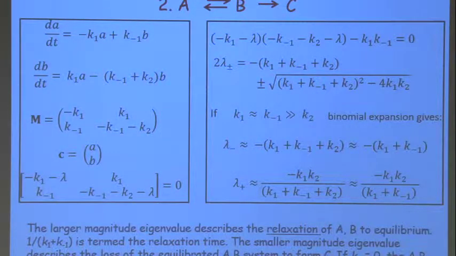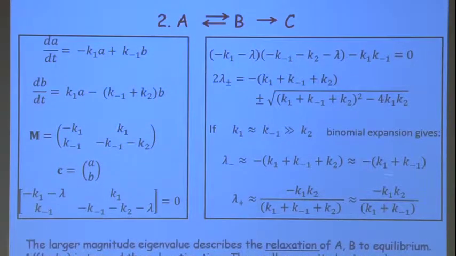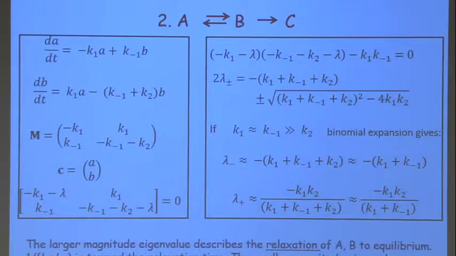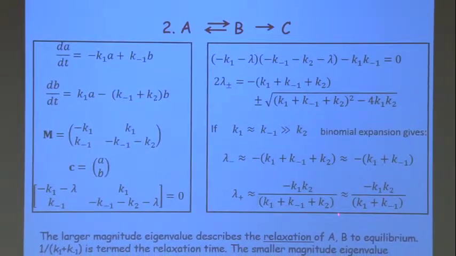If you do a lot of these things, then that's always the case: for lambda minus, it's the sum of the rate constants when you do this expansion. And since k2 is small, that's approximately equal to k1 plus k minus 1. And lambda plus is this, which again, because k2 is small, turns out to be this here.